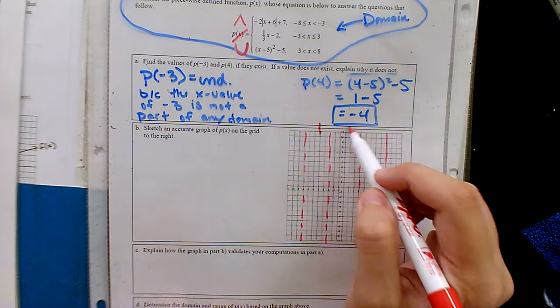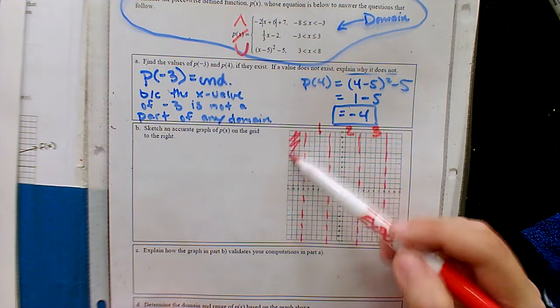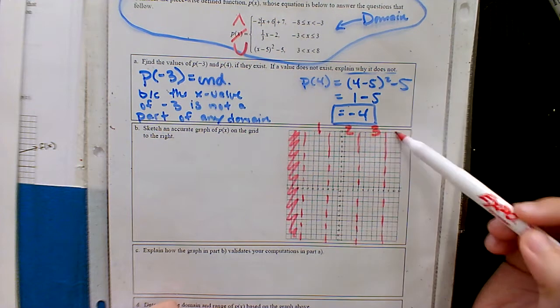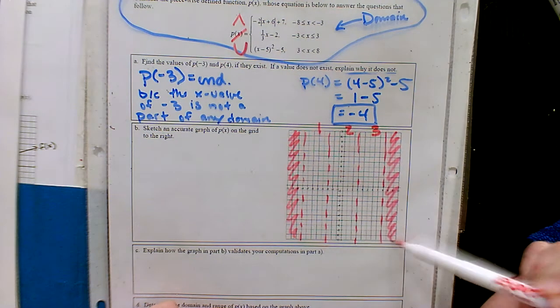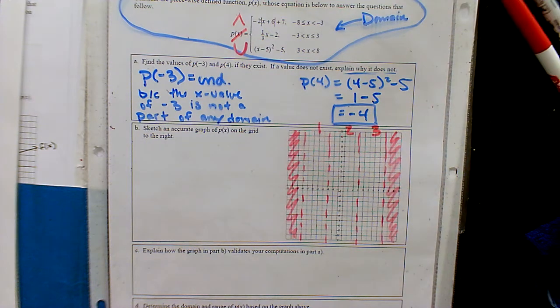You can label 1, 2, and 3 so you know which equation shows up where. And we did not label the outsides, so if you want to cross those out or write none at the top, we shouldn't have any graph there. All right, setting ourselves up for success.